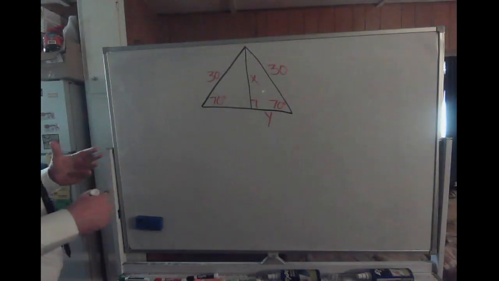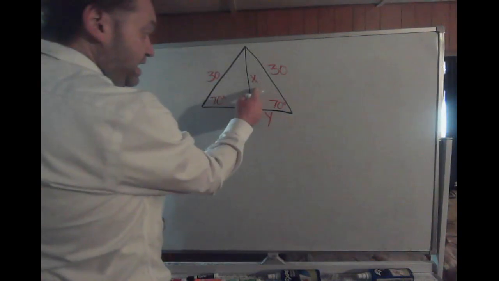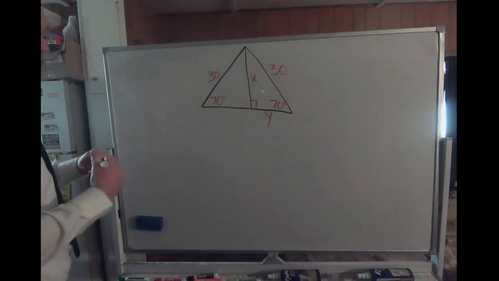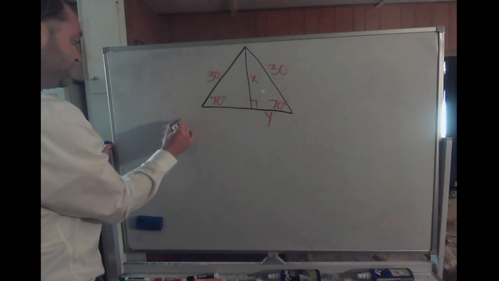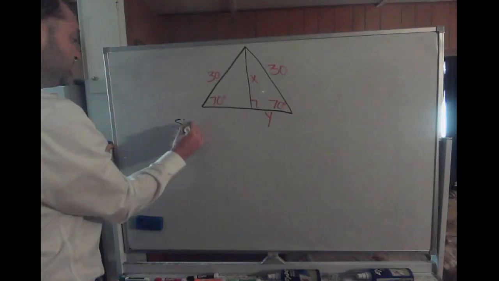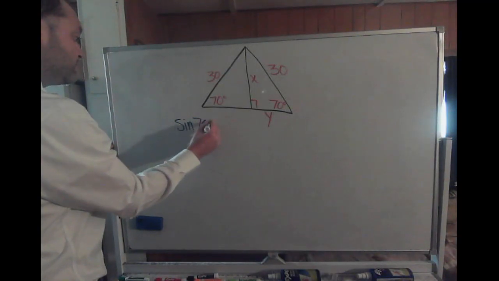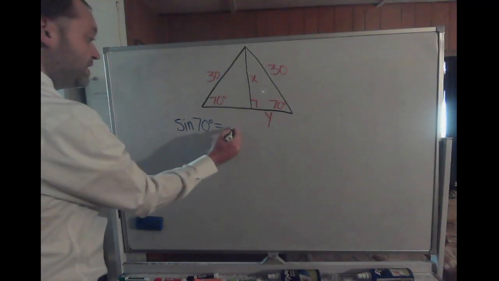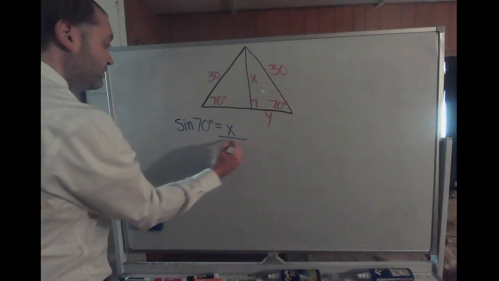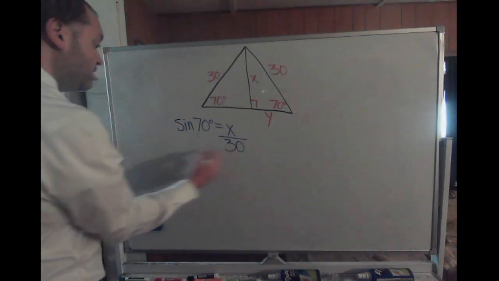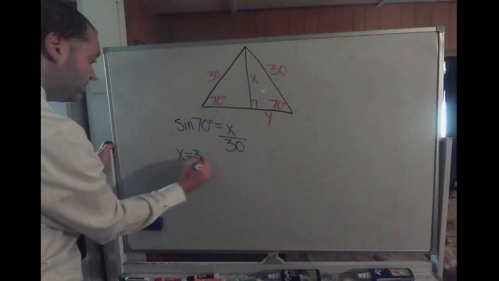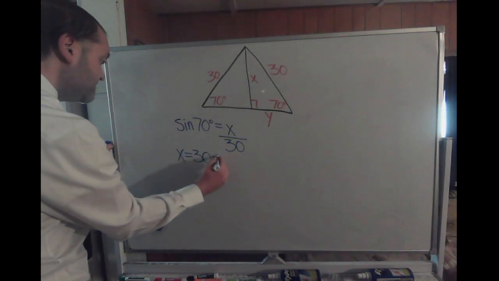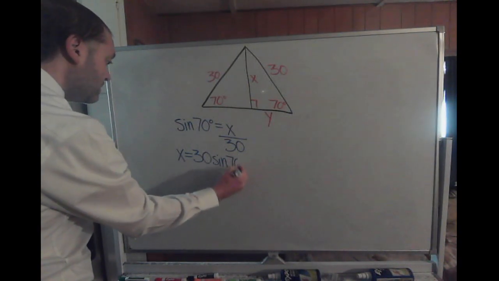Let's solve for X. Well, X would be the opposite leg, then we have the hypotenuse. So if you relate the opposite leg and the hypotenuse, that's going to be the sine ratio. So take your sine of 70 degrees, set that equal to X over 30, which then means that X would be equal to 30 times the sine of 70 degrees.